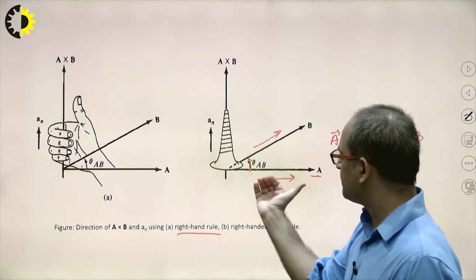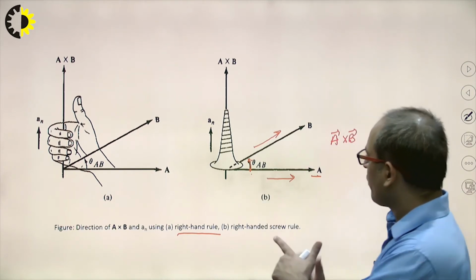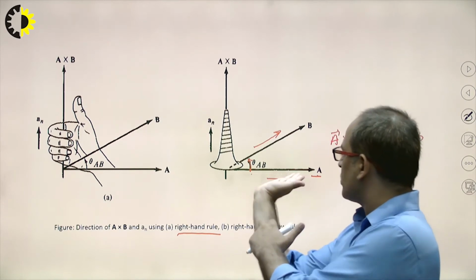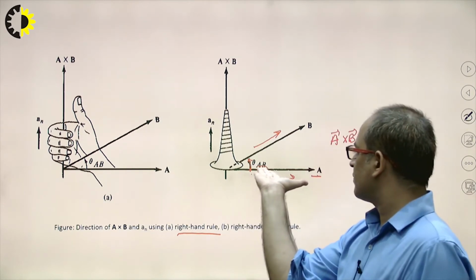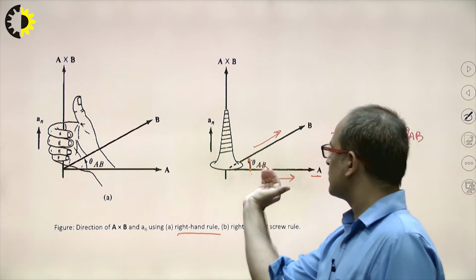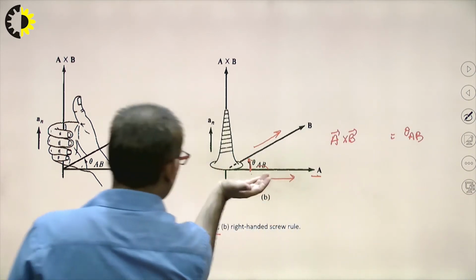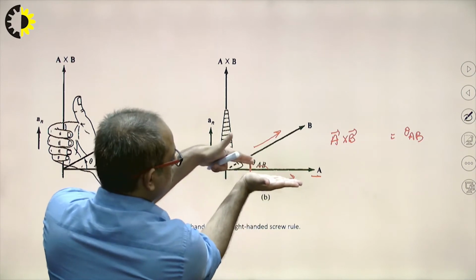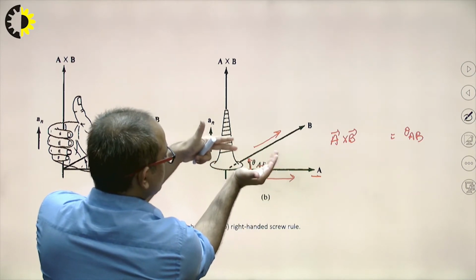See this one. This one is A vector, and A vector goes to B through theta, approaching this one.